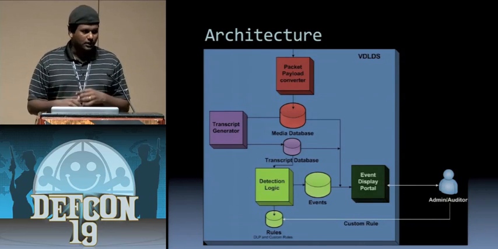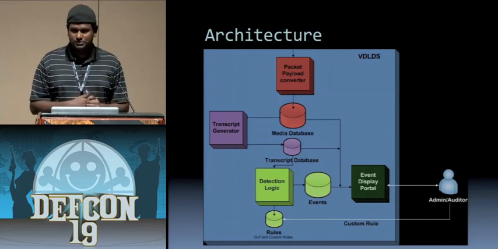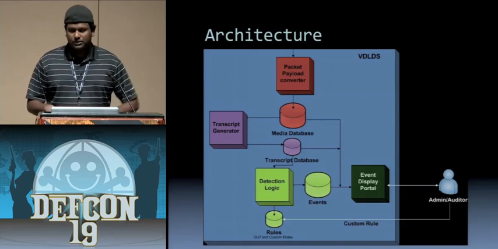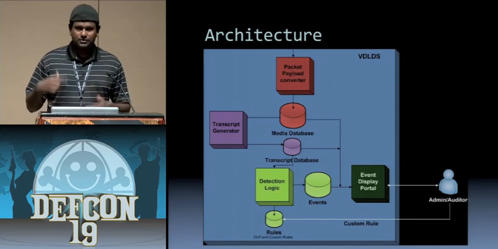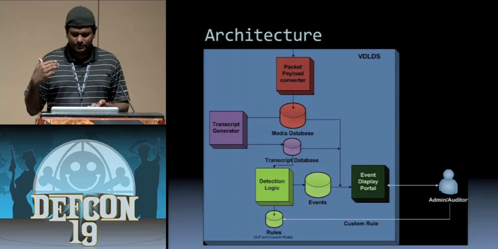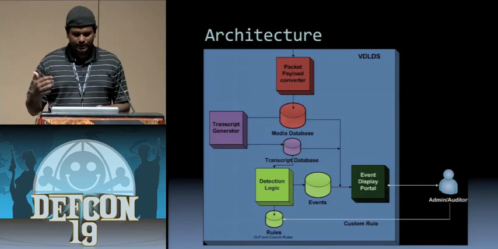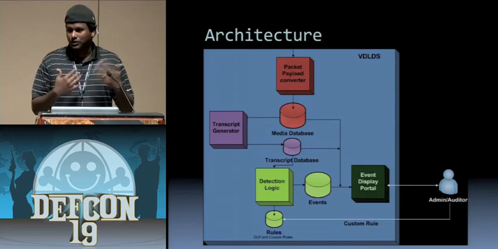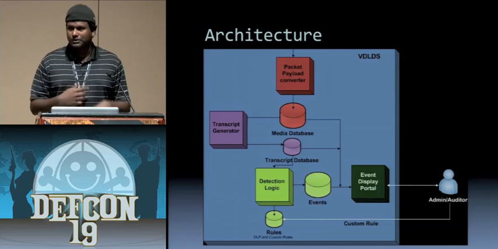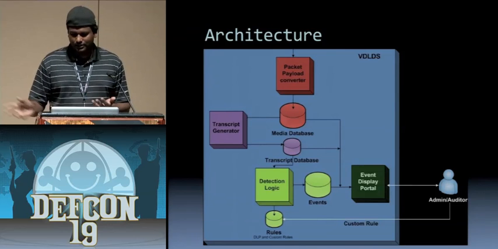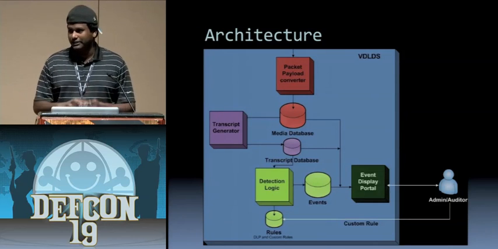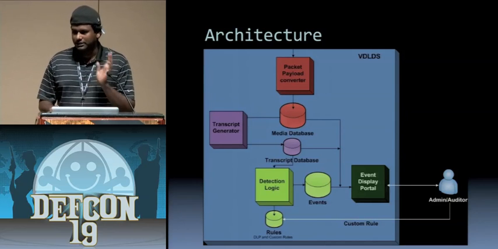Then we send it through our transcribing engine, where we generate the transcripts, and then we go to the detection logic engine, where we figure out if it's PII data, or insider leaks, or curse words, or whatever kind of rule you want to apply. We run that against it, and if an event is generated, we send it to the display portal, where it gets parsed and displayed.